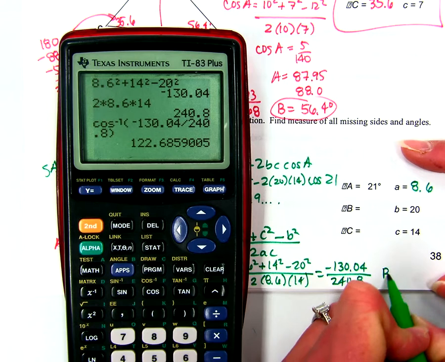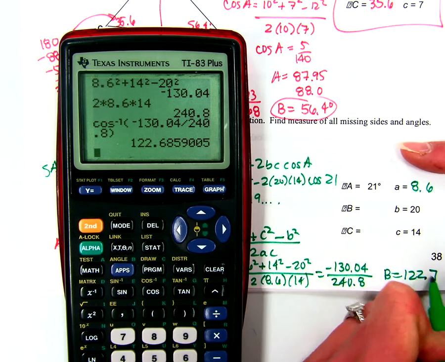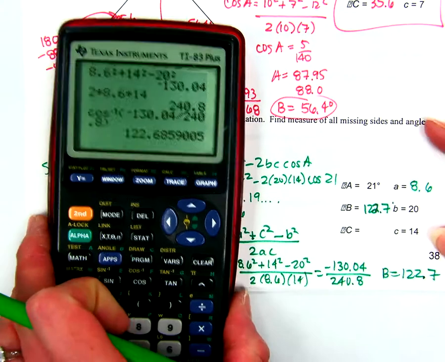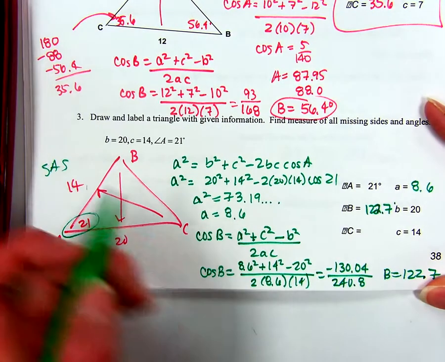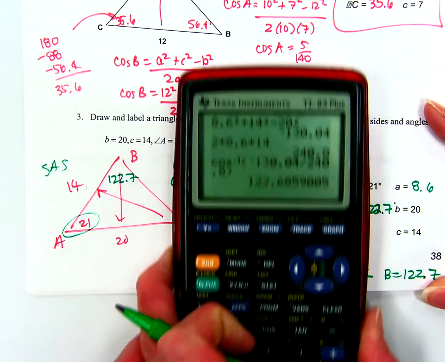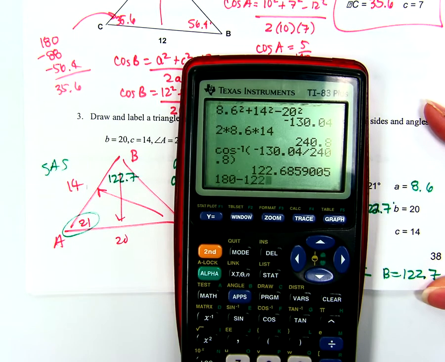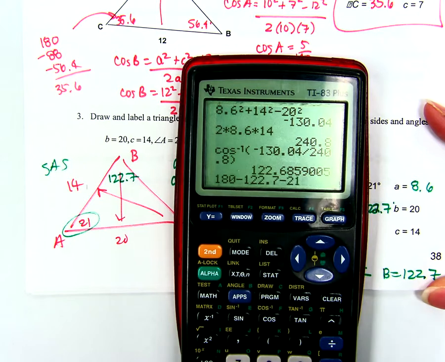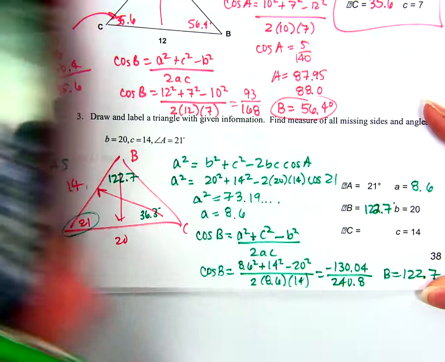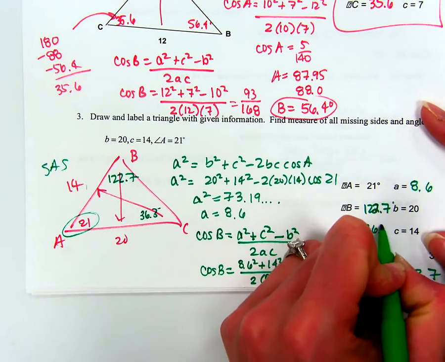That tells me that angle B is 122.7. I have two angles, so just take 180 minus 122.7 minus 21, and that gives you your third angle, which is 36.3 degrees.